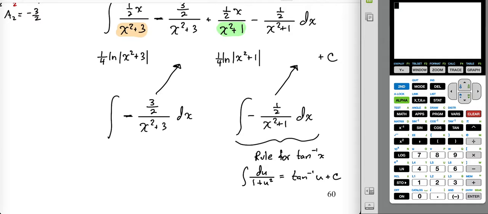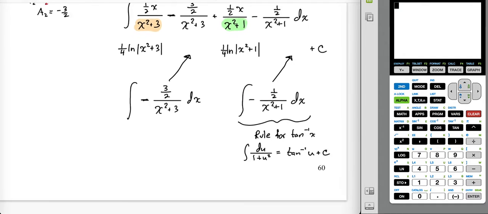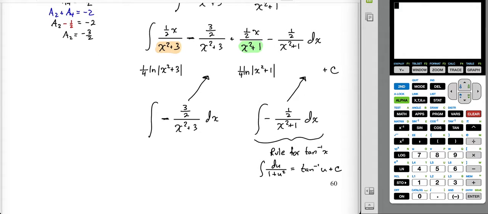If we factor out the 1/2 and the -1, we would actually have it. So we're looking at -1/2 times the integral of dx over 1 plus x squared. That is the arctangent rule. So minus 1/2 inverse tangent of x. All right, so we're good to go there.